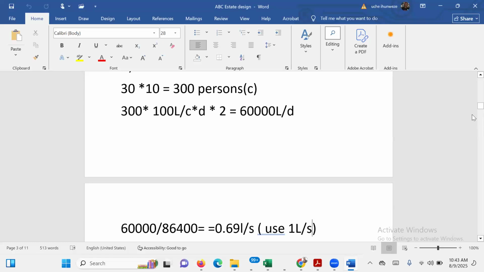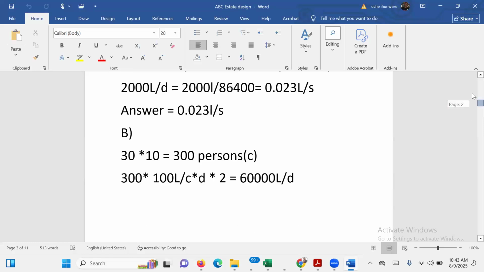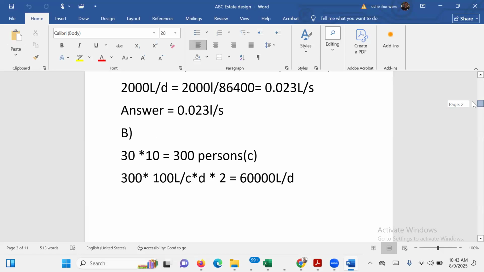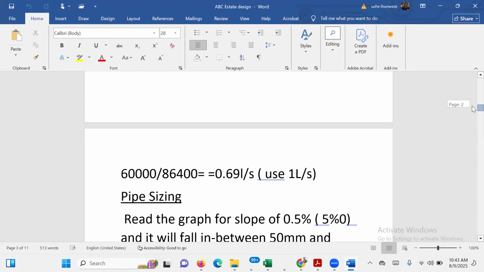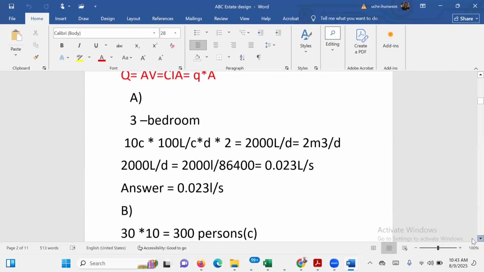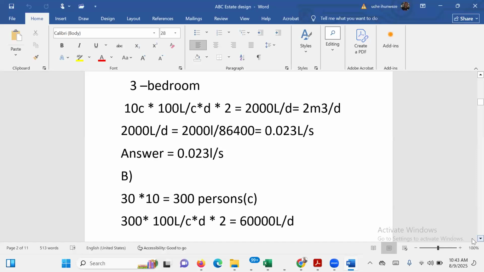The second question says that there are 30 houses in one street. So what's the quantity required per street? And what is the equivalent pipe that should be laid on that street? Okay. So now, number B. Since there are 30 houses and each house has 10, it simply means we are designing for 300 persons, 30 times 10.